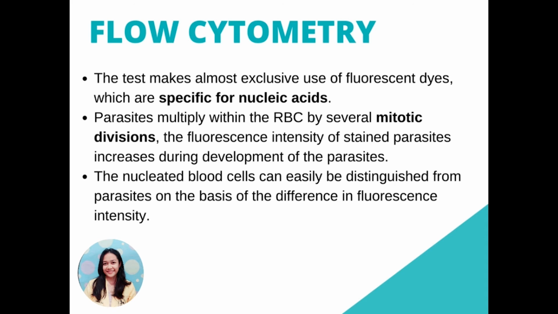Parasites multiply within the RBC by several mitotic divisions. The fluorescence intensity of stained parasites increases during development of the parasites. The nucleated blood cells can easily be distinguished from parasites on the basis of the difference in fluorescence intensity.